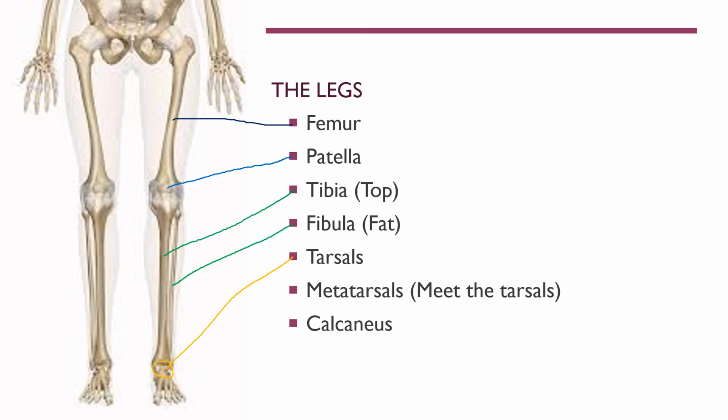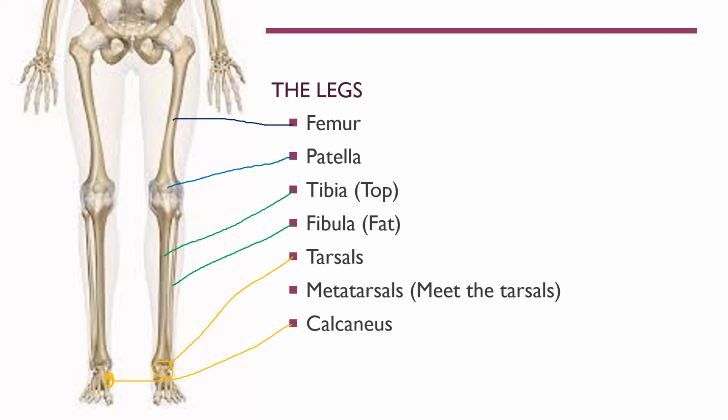So the tarsals make up the ankle bones. And there's one specific tarsal I want you to know, and that one is the calcaneus. And the calcaneus sits right here, and it's your heel bone. And the reason I know that is because it's often a bone that we have problems and issues with. So the calcaneus is your heel bone.